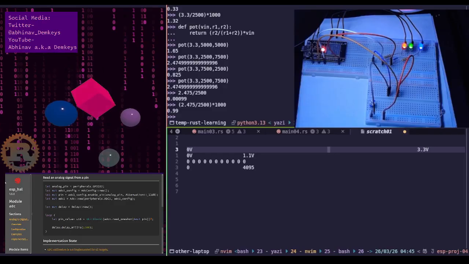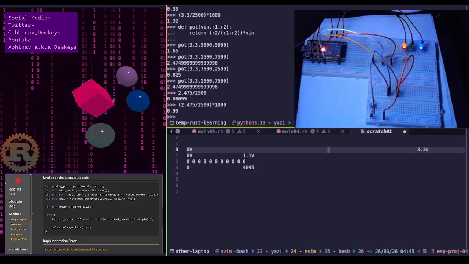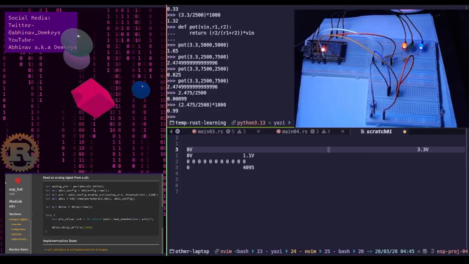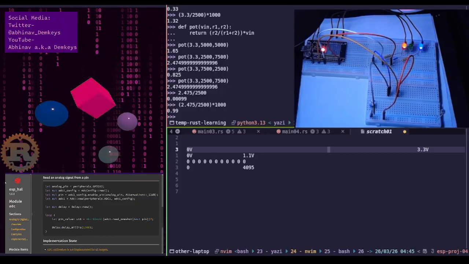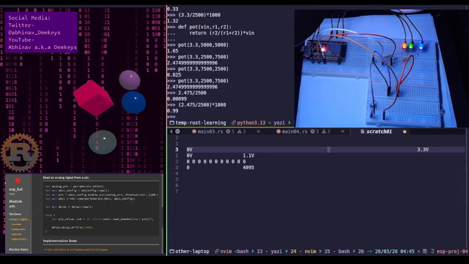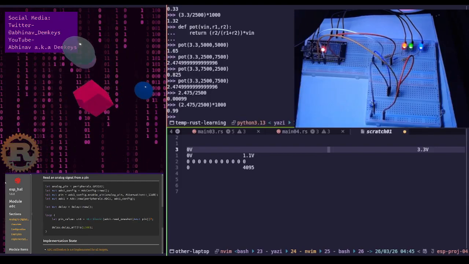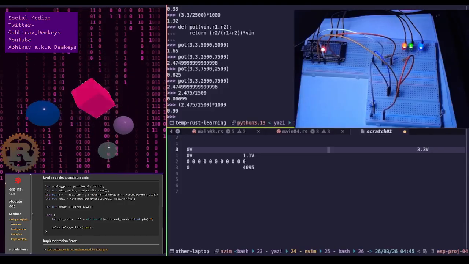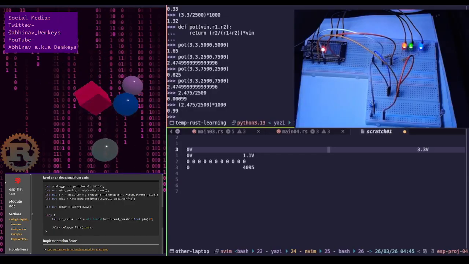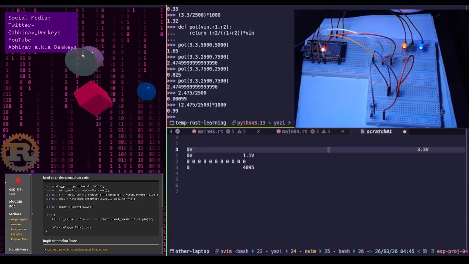3 volts, right? What I could do is I could remap the range to be not 0 to 3.3, but rather 0.5 to 3. I could remap what was going from 0 volts to 3.3 volts to go from 0.5 volts to 3 volts.